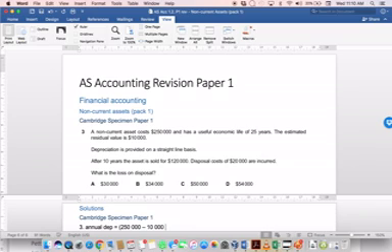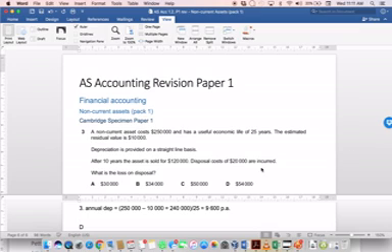That means we want to write off $240,000 over its life, and we assume the life is going to be 25 years. So we divide it by 25. 240,000 divided by 25 is going to give us 9,600 per annum.